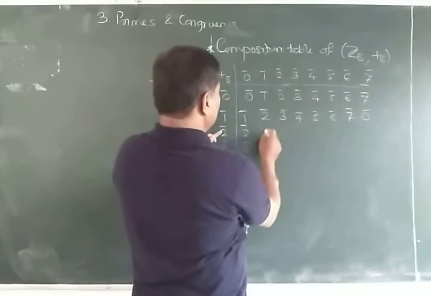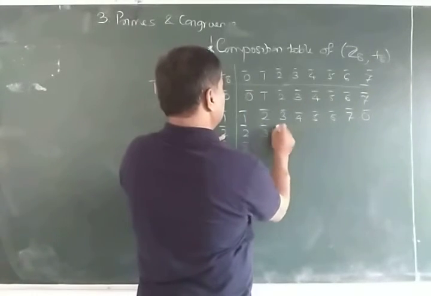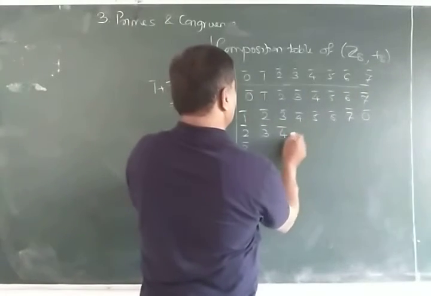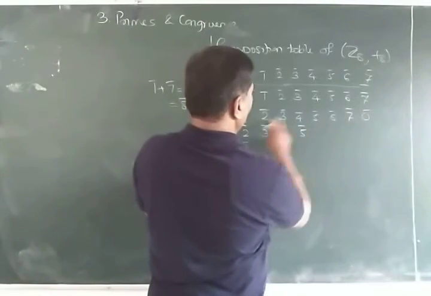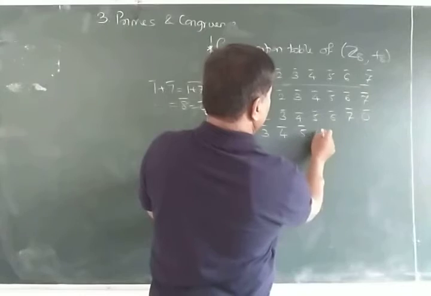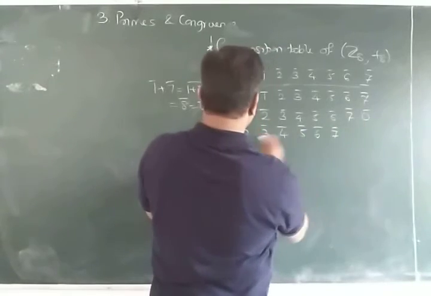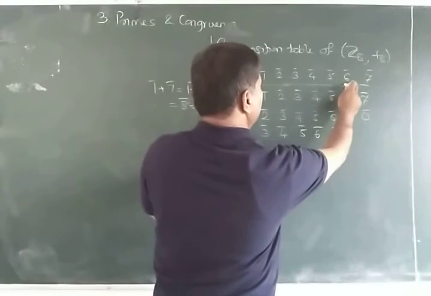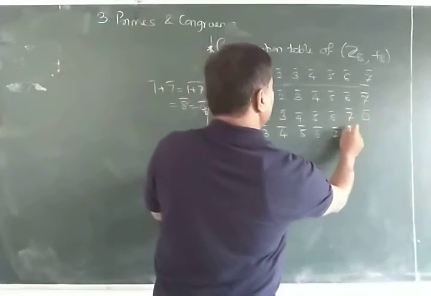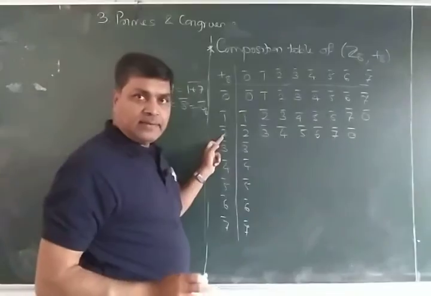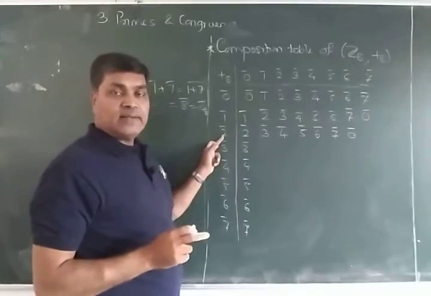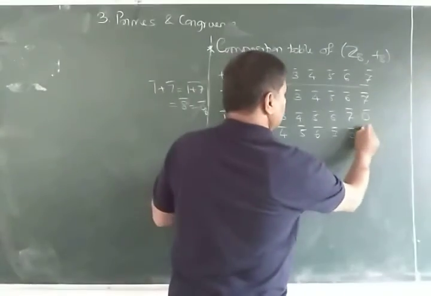2 plus 1, 3 bar, then this will become 5 bar, 4 bar, 5 bar, then 2 plus 4, 6, 2 plus 5, 7, 2 plus 6, 8, 8 divided by 8 gives remainder 0, then 2 plus 7, 9 divided by 8 gives remainder 1. Is it right?